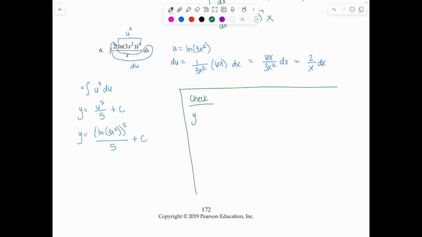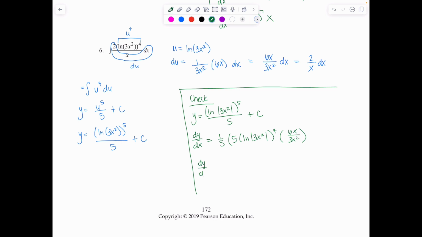So if y equals the natural log of (3x squared) all to the fifth, over 5, plus c, the derivative dy/dx will give us, we'll pull the 1/5, power rule, 5 times the natural log of 3x squared to the fourth power, chain rule, so we have 6x over 3x squared.